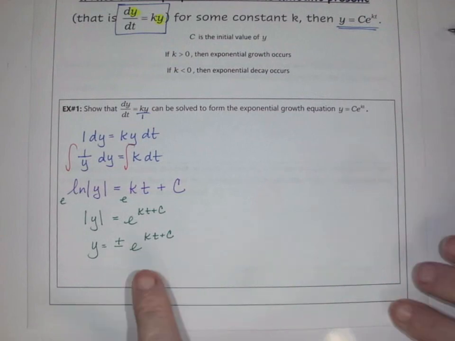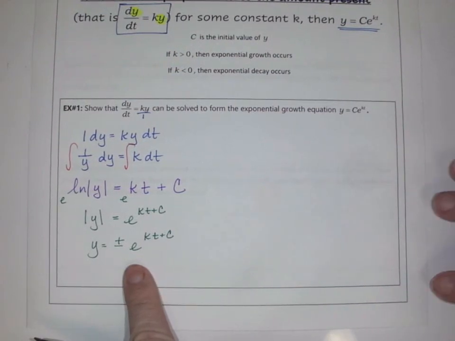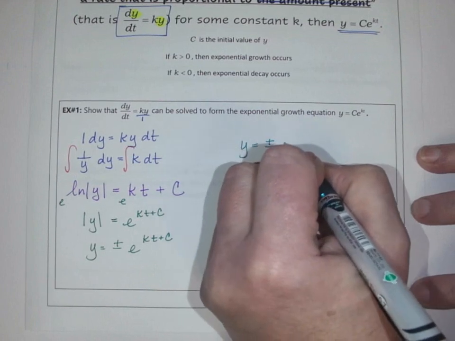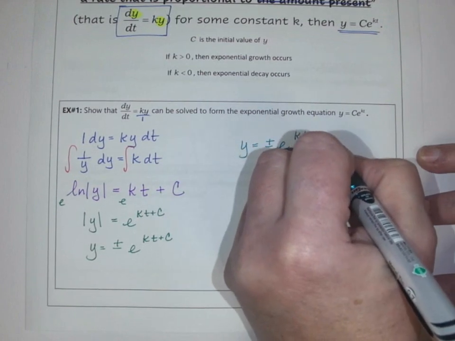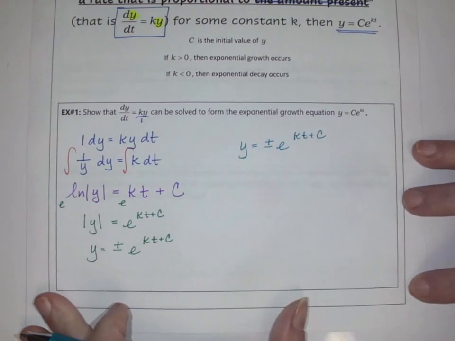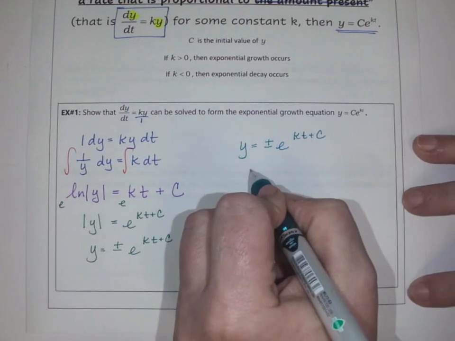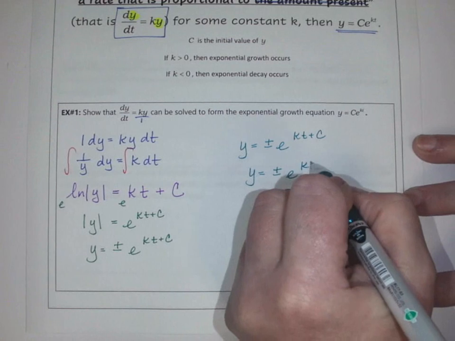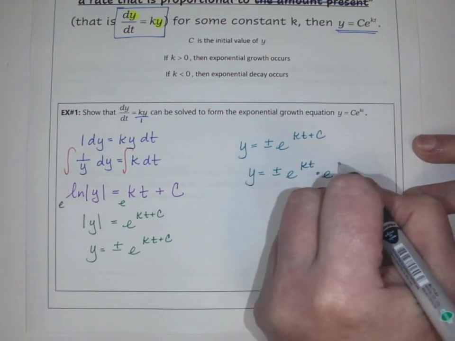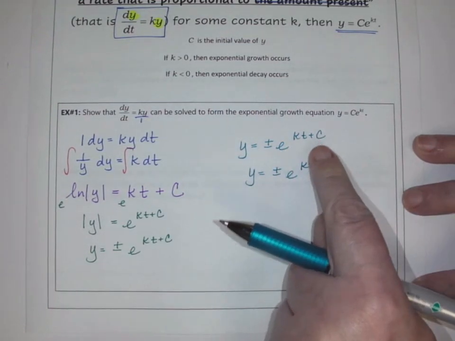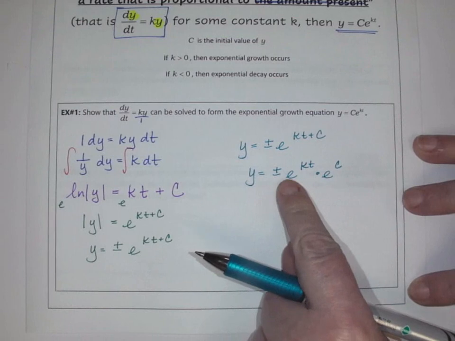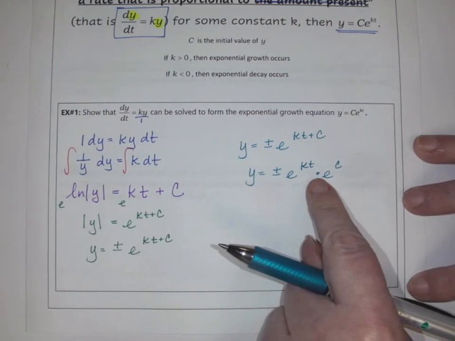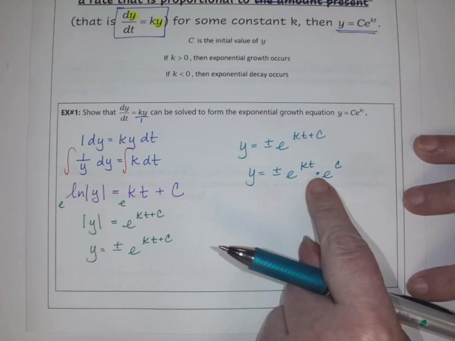So how do we get from here to something that looks like that? Well, I'm going to take my equation, y equals plus or minus e to the kt plus c, and work with it algebraically. The first thing I'm going to do is give each of the exponents its own base, so e is going to be raised to each exponent individually. And then remember, we multiply our bases together.